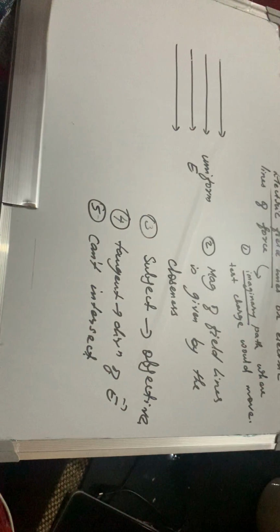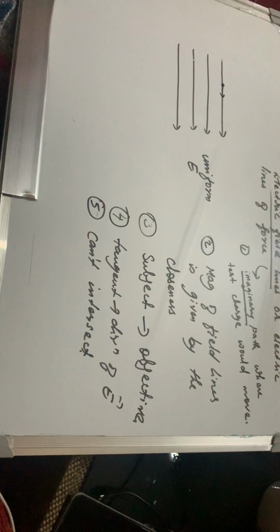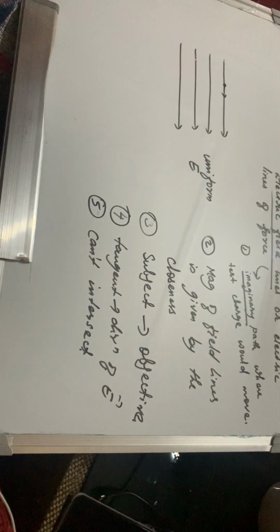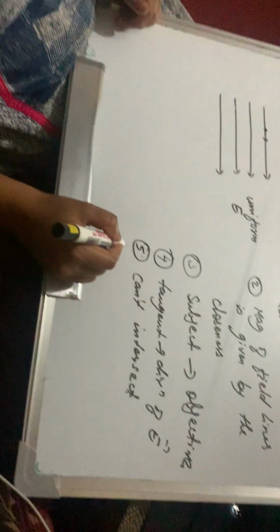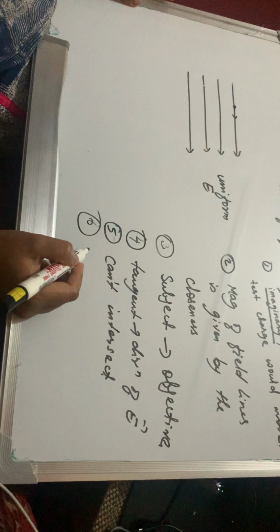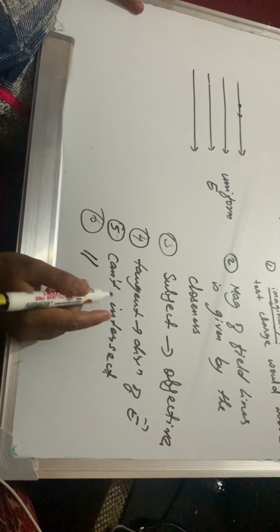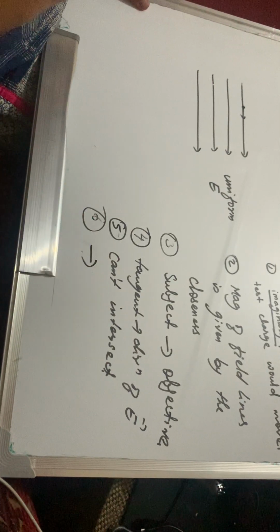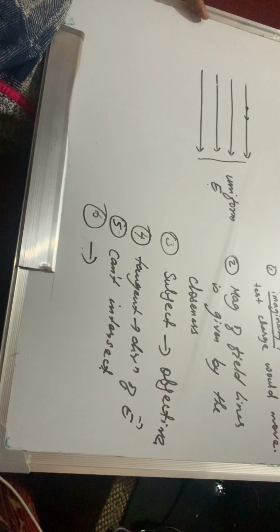Now what is the direction of electric field at this point? Along the tangent, right? That means in this direction the test charge would move. This is point number 6: uniform field is represented by equidistant parallel lines.